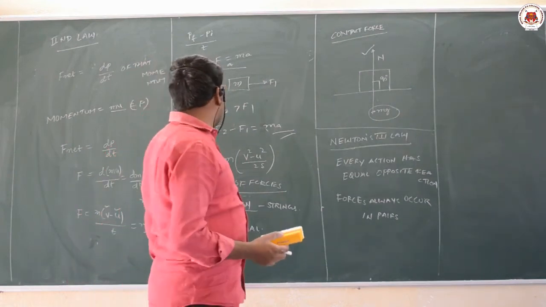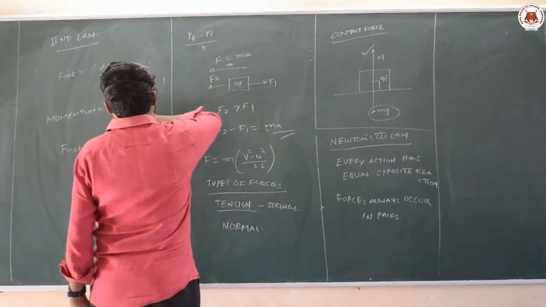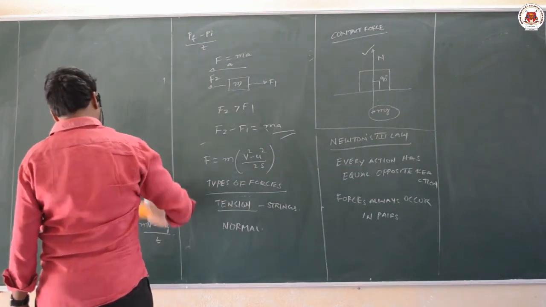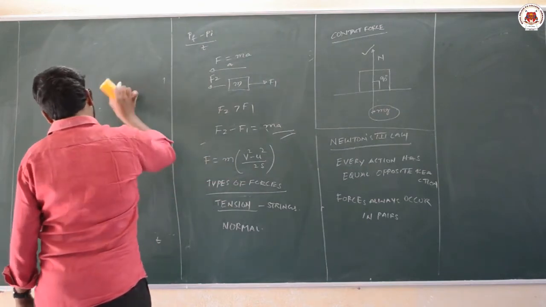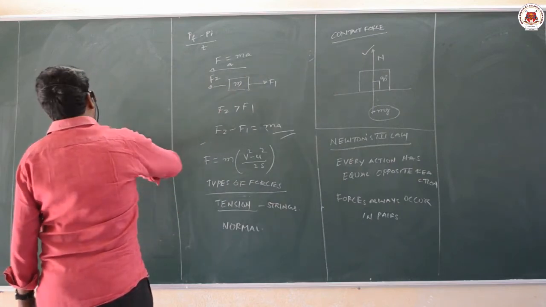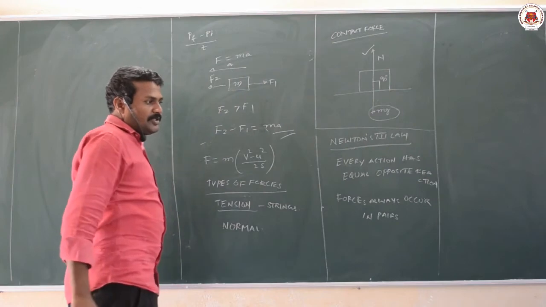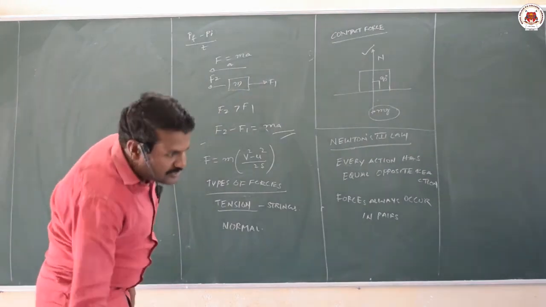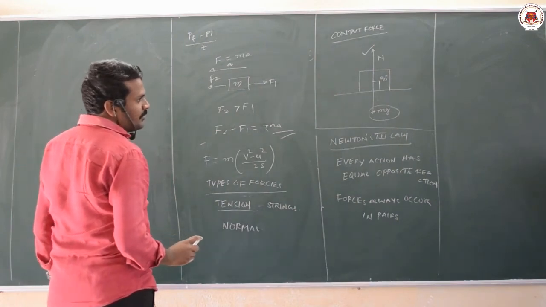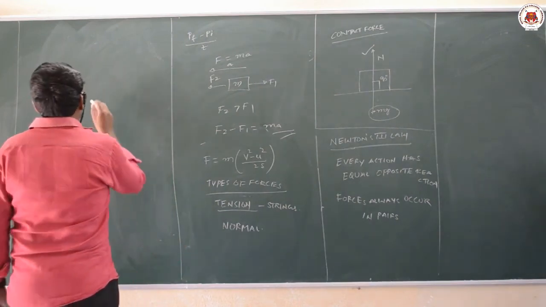Now we will see the apparent weight of the person in a moving lift. Weight is measured as the normal reaction you are exerting on the ground. So when a lift is moving upwards with an acceleration a, what is the weight of the person?